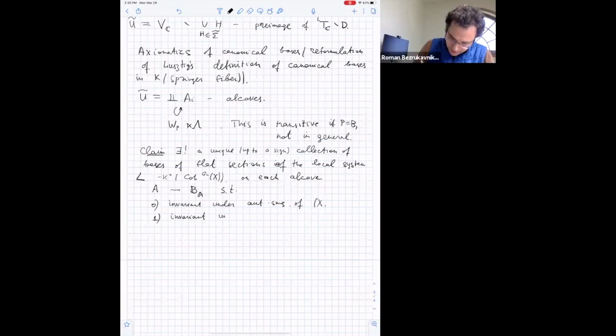Of X, well, of X with the Gm action of the situation. And invariant under Verdier duality, which essentially induces the map x to minus x on this space U.